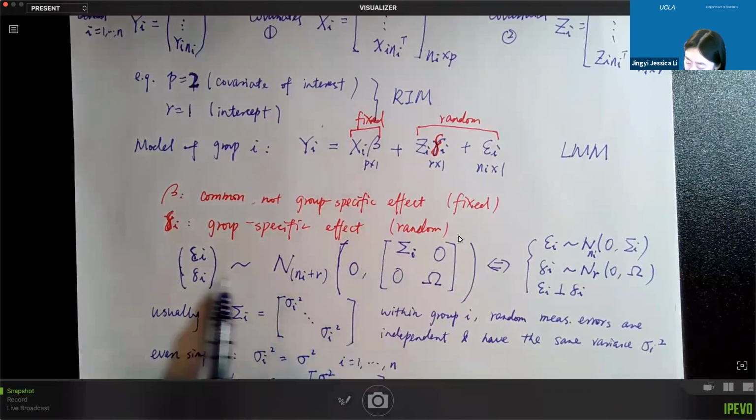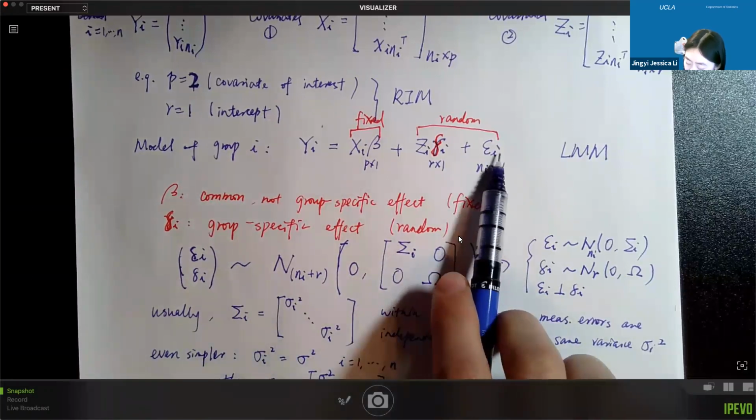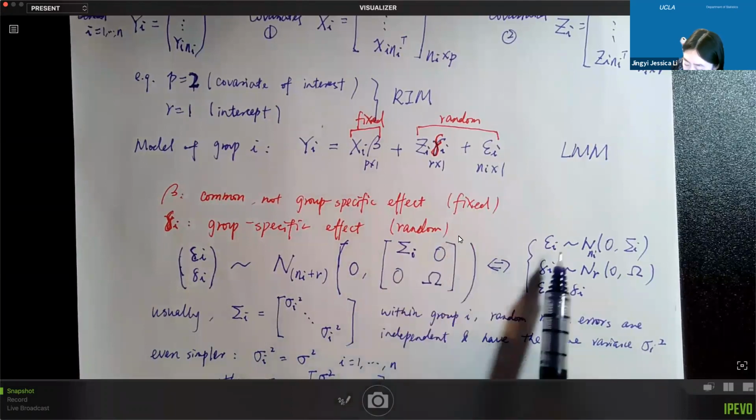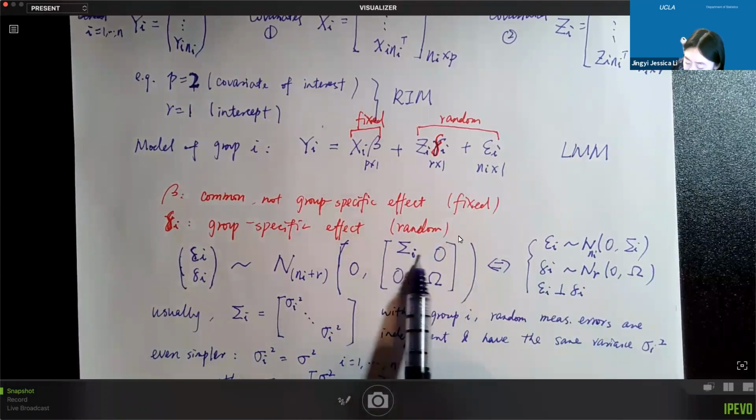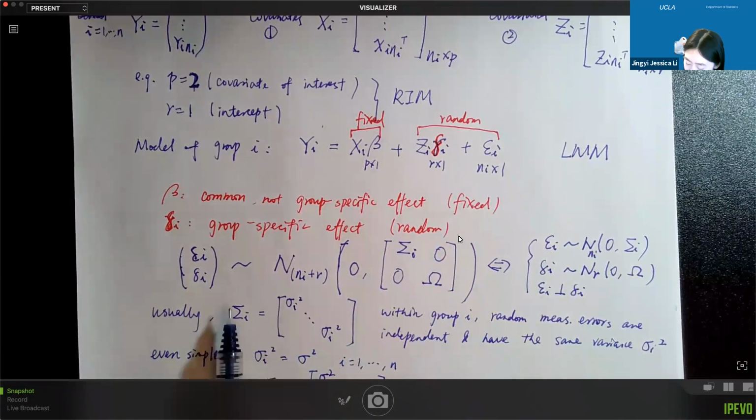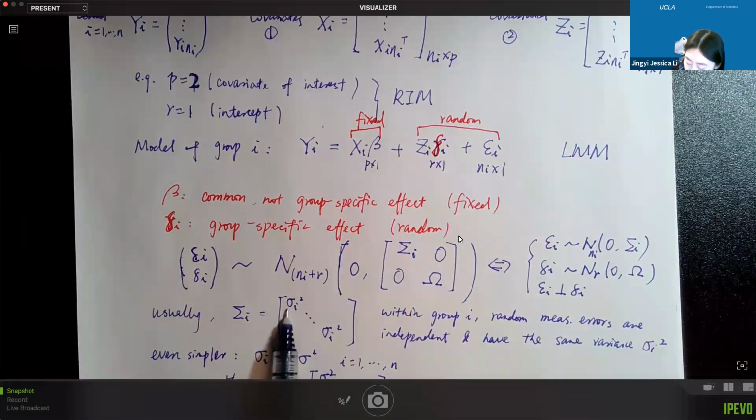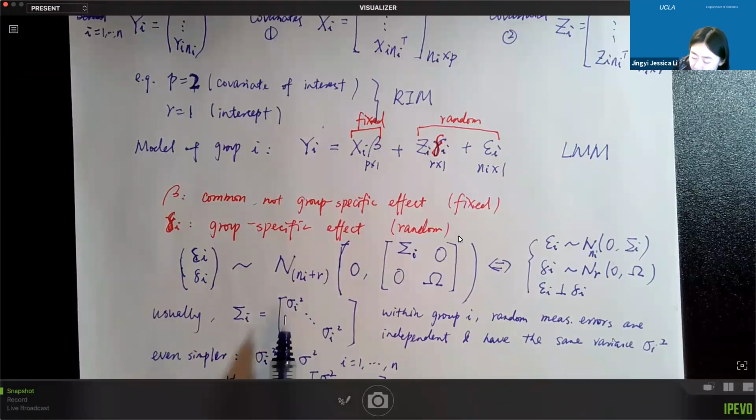Okay, so for the error term, I can assume that the error term of group i has its covariance matrix big Sigma_i. But for simplicity, we often assume the random errors are IID, right? So then we can simplify Sigma_i as a diagonal matrix with lowercase sigma_i squared in the diagonal, which means that this is the variance of the random error in group i.